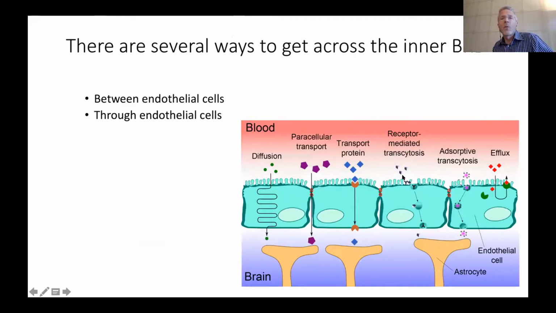There are several ways to get across the inner blood retinal barrier. The most obvious one is to get between the cells, but proteins can get through cells in a number of different ways. We'll be focusing primarily on how VEGF permits the barrier between cells to relax.